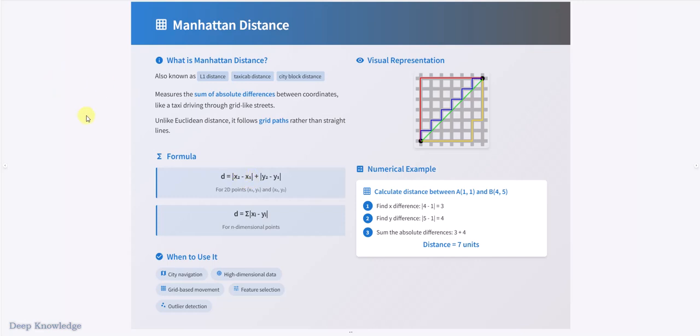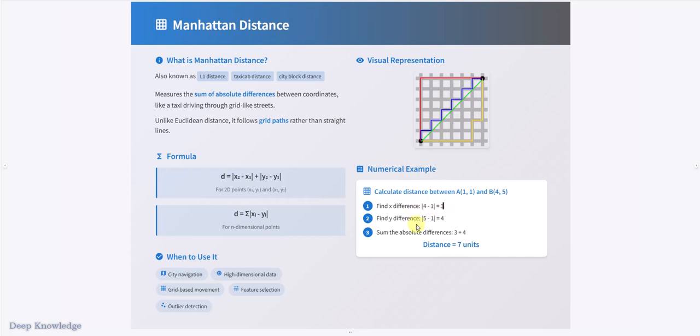This is the Manhattan distance. Why is it called Manhattan? It's like Manhattan city. It's a measure of the sum of absolute differences between coordinates. For instance, the difference 4 minus 1, taking the absolute value, is 3.